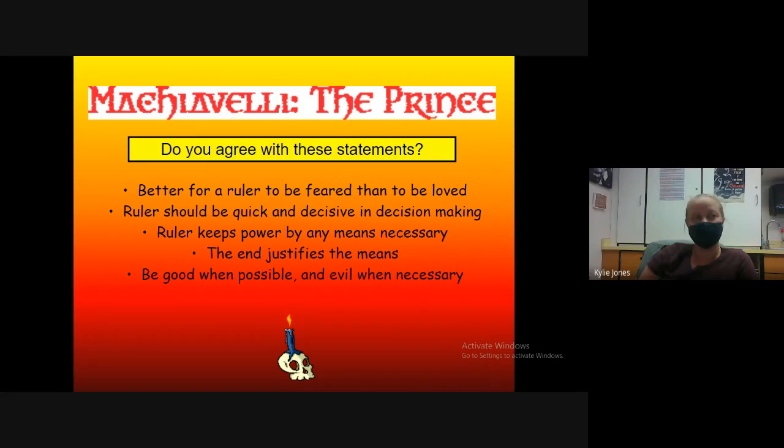Yeah, but that's not like for a government. Is it okay, you think, for a ruler to keep their power by any means necessary? No. No, probably not. Is it so they say be good when it's possible and be evil when necessary? No. Evil. Without the evil part. Okay, ready for our next slide?